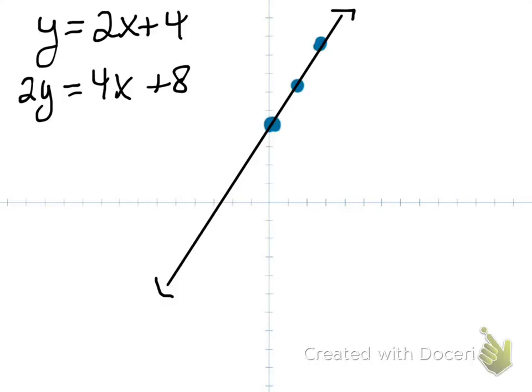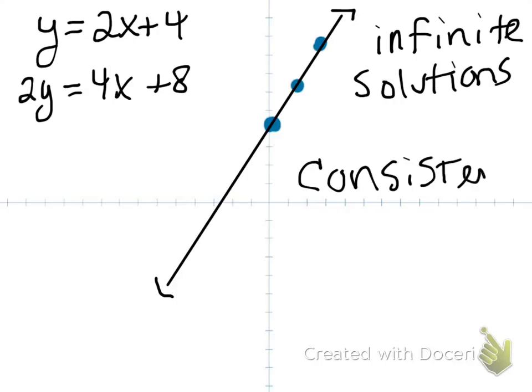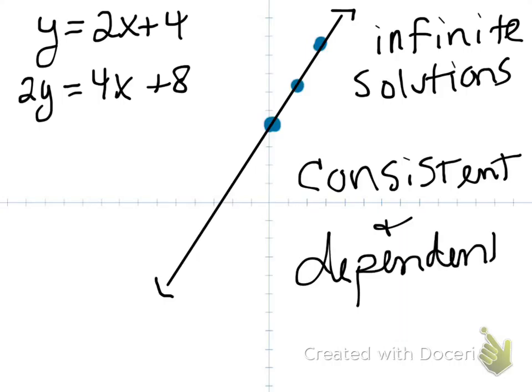So when that happens, every single point on that graph is a solution to your system. Because of that, you have infinite solutions, or all solutions. And this would be called a consistent and dependent system.